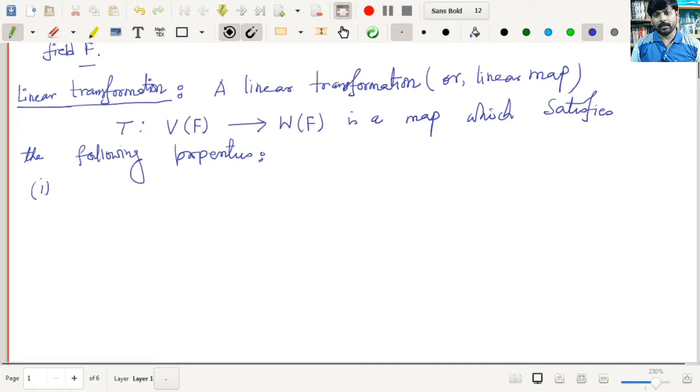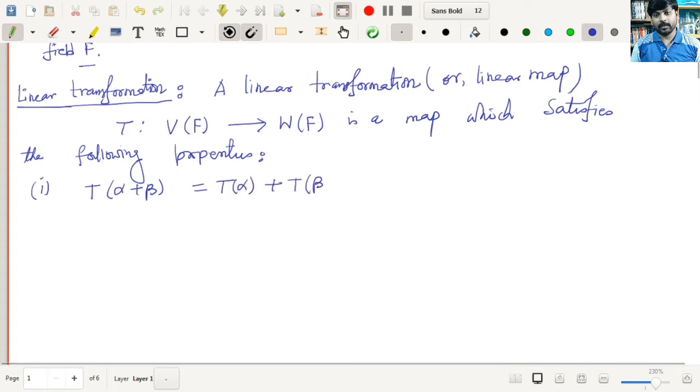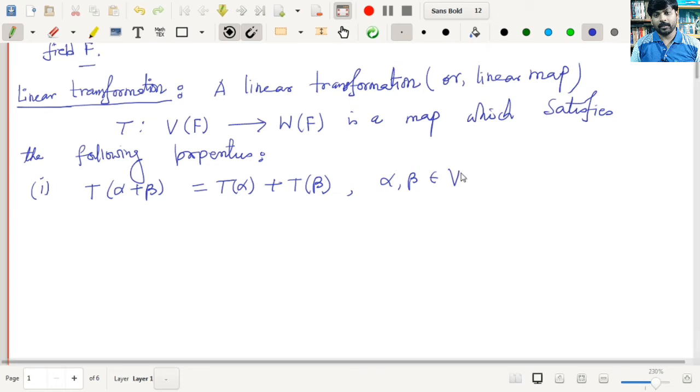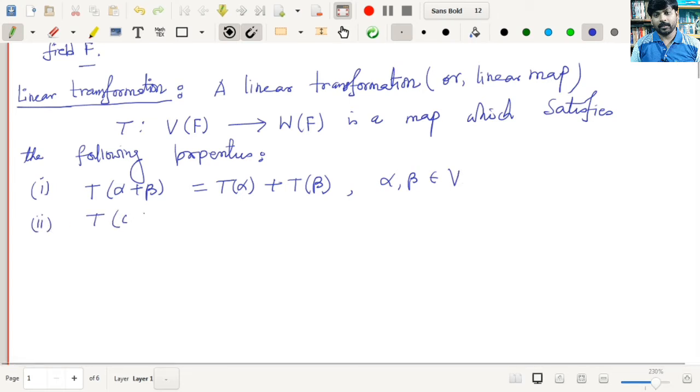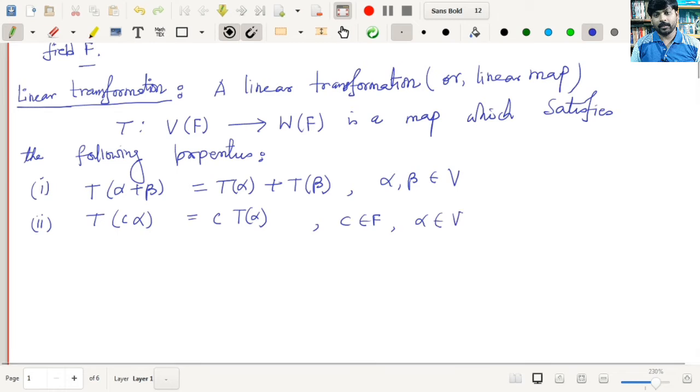The first property is T(alpha + beta) = T(alpha) + T(beta), where alpha and beta are two vectors from the vector space V. The second property is T(C alpha) = C T(alpha), where C is a scalar from the corresponding field and alpha is a vector from the vector space V.